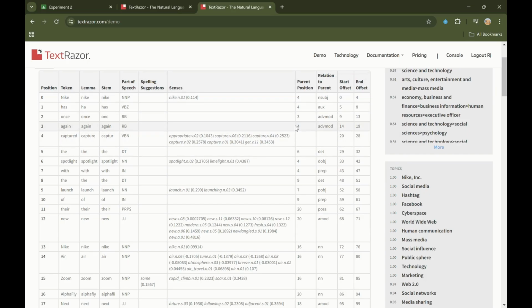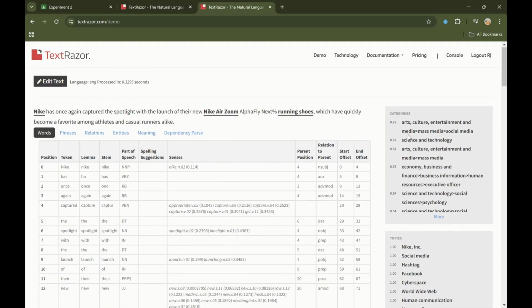So in case of Nike, it gives a noun. For the word has, it gives a verb, and so on. And on the right side, we can see it gives categories that are pre-allotted.